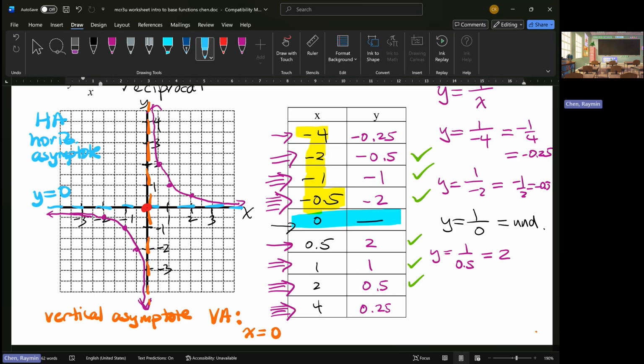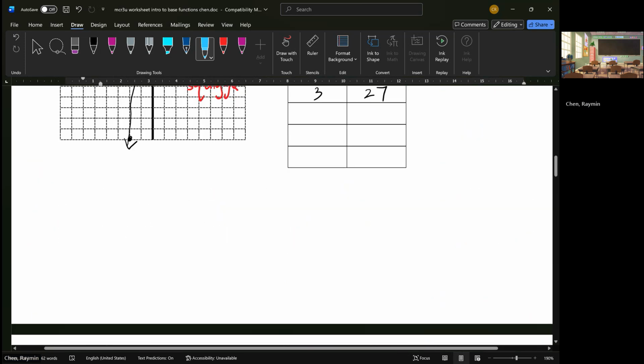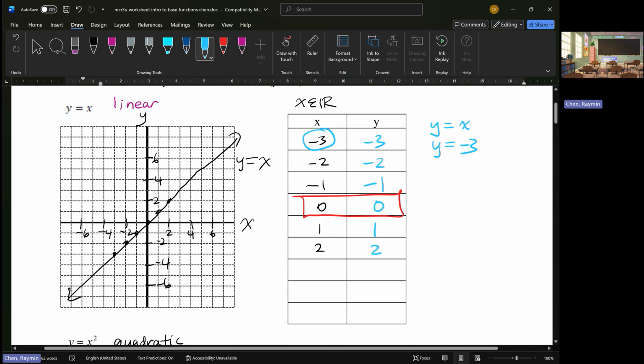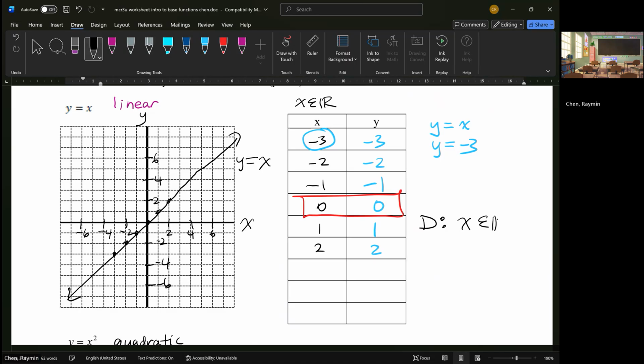Let's scroll back and talk about now some features. So the linear function, the domain is x belongs to real numbers. The range for this parent function is y belongs to real numbers. Notice it goes in quadrant 1 and quadrant 3.